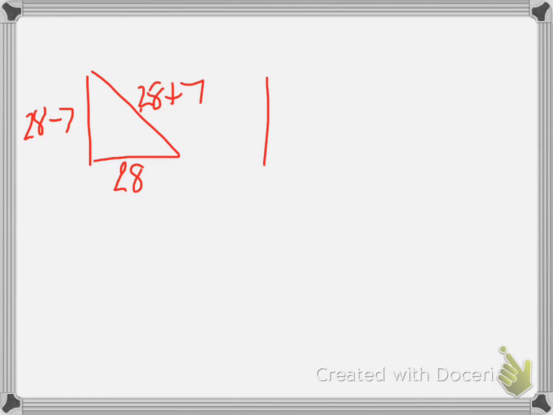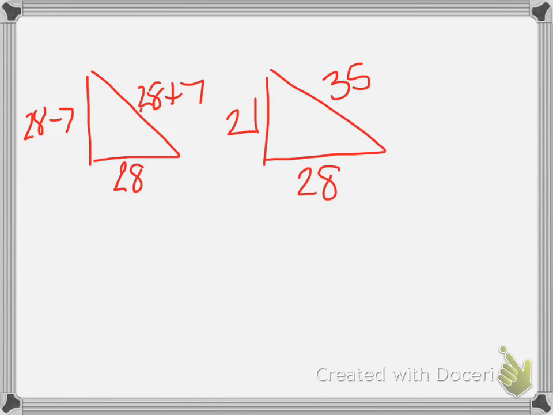And I can simplify these down. So let me grab my calculator really quick. So I'm going to get 35 on this side and 21 on this side.